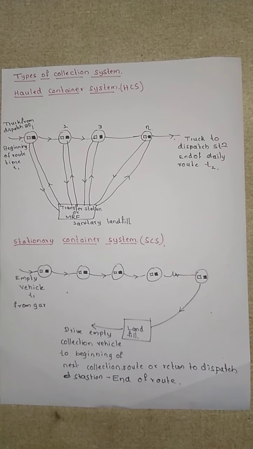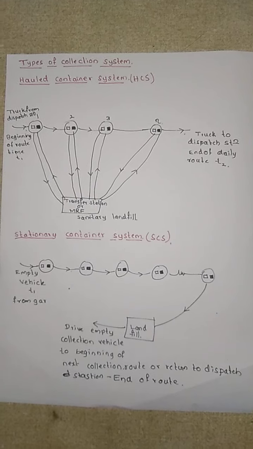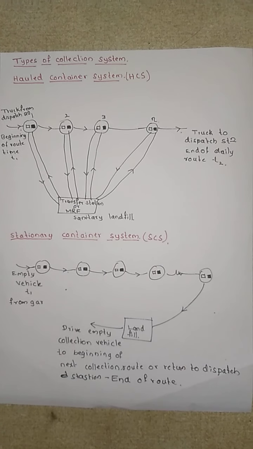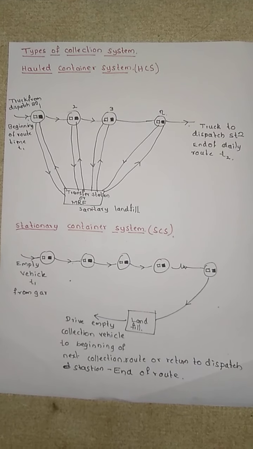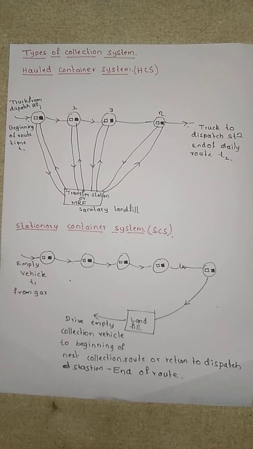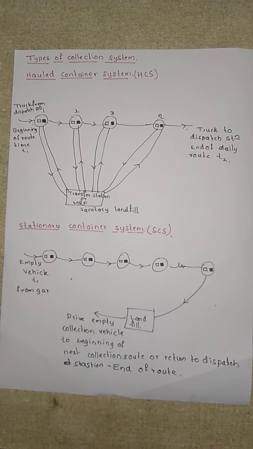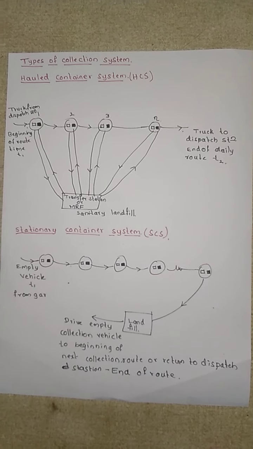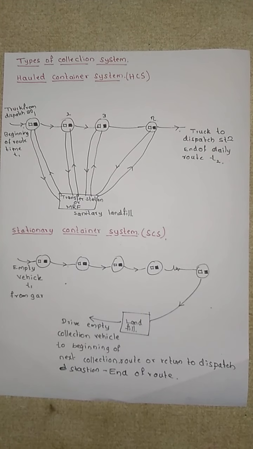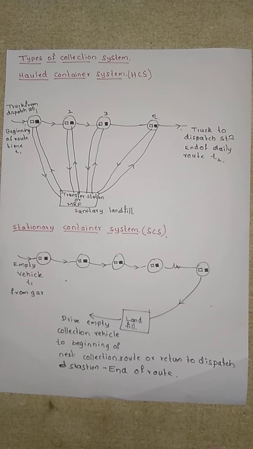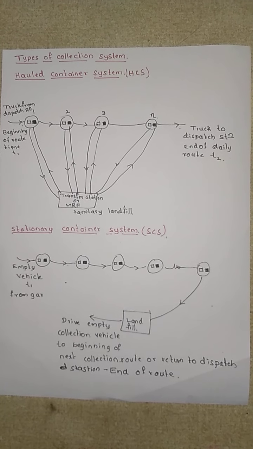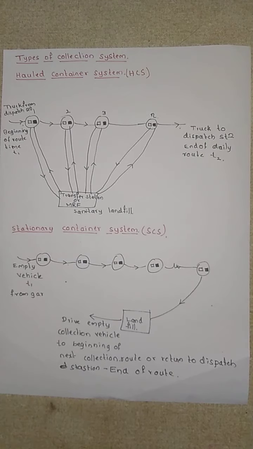Now we will discuss the types of collection systems. Don't get confused between the collection system and the collection service. The curb service, alley service, and the set-out and set-back services are all collection services. Here we are talking about the collection system.